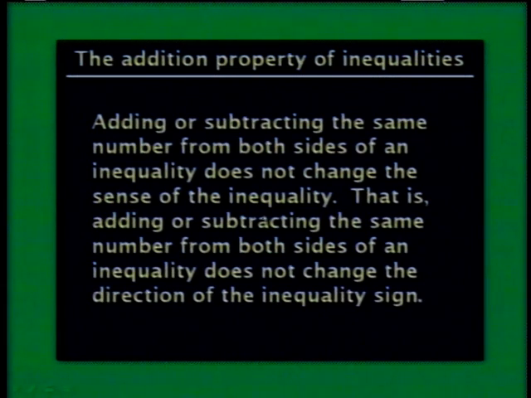The sense of the inequality is directly implied by the direction of the inequality sign. This is the way I like to remember this addition property, that adding or subtracting the same number from both sides of an inequality does not change the sense of the inequality. You just want to remember it in whatever manner makes it work for you.